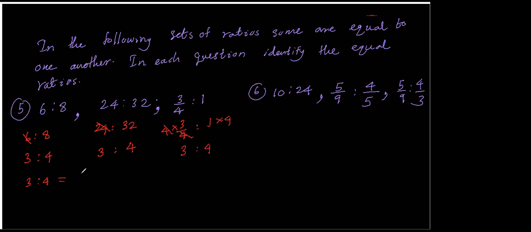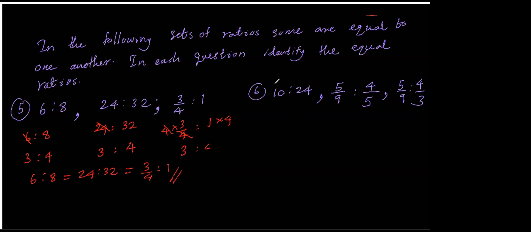Equal 3 to 4, 6 to 8. 6 to 8 ratio equals 24 to 32 ratio equals 3/4 to 1. 6 to 8 equals 24 to 32 equals 3/4 to 1.